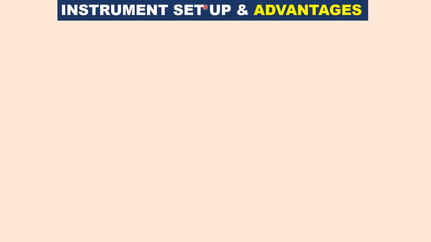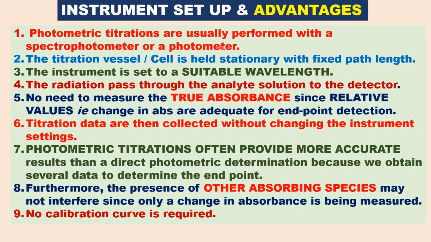Let us now see the instrumental setup or procedure and advantages. These titrations are performed using a spectrophotometer or photometer, and the titration cell or vessel is kept stationary with a fixed path length.